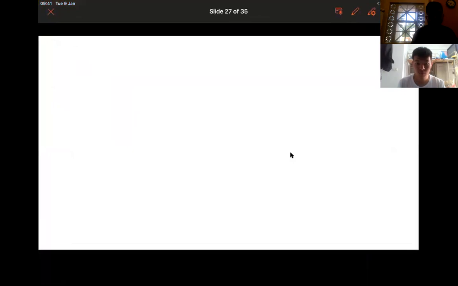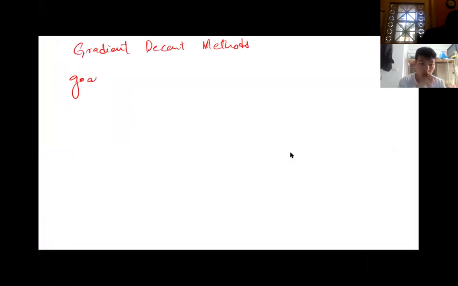Don't worry too much about it. We will have a detailed discussion of this method later, but let me just give a quick overview of gradient descent. What is the goal? The goal is to find a local minimum for f of x.